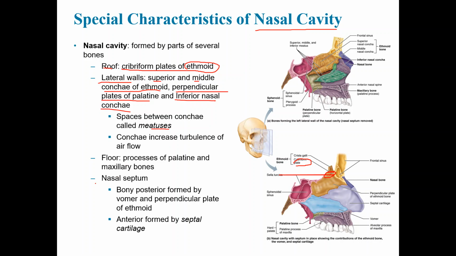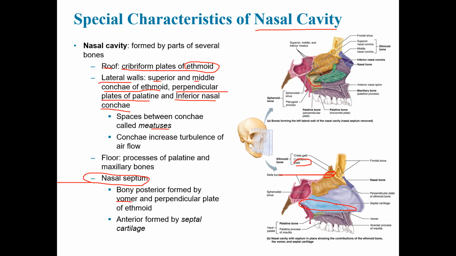Okay, the nasal septum is formed by the vomer, over here, and the perpendicular plate of the ethmoid, as I already pointed out before.